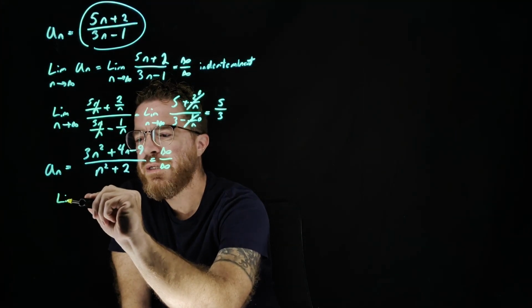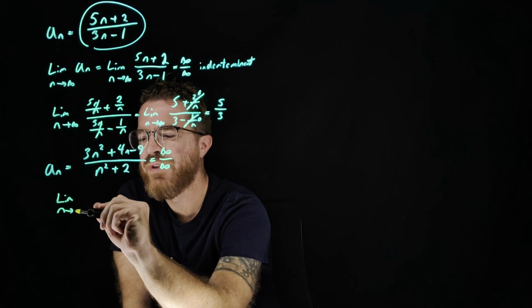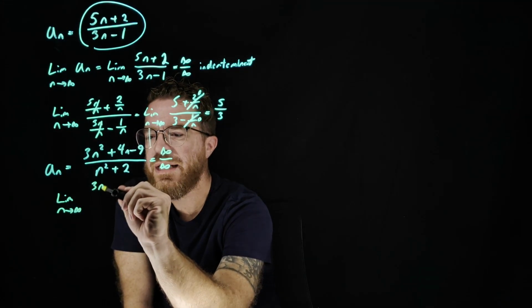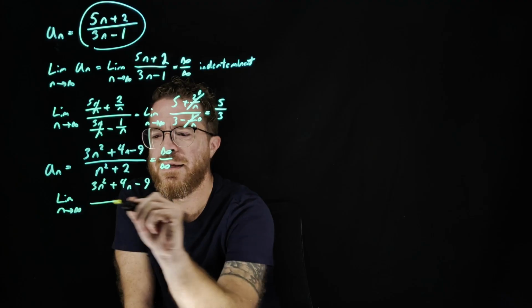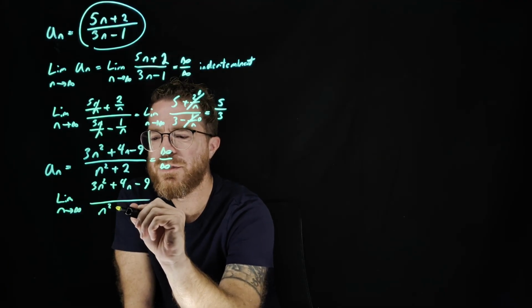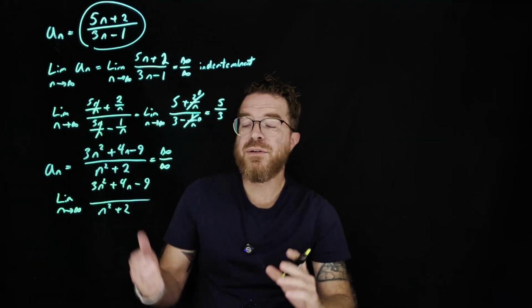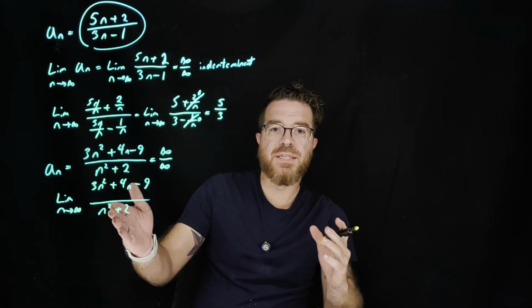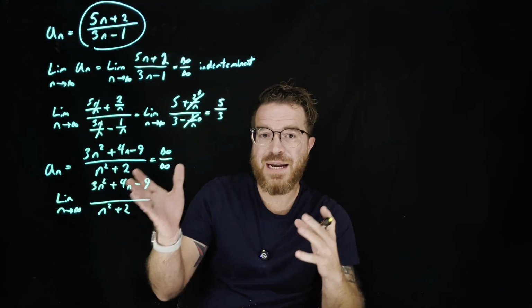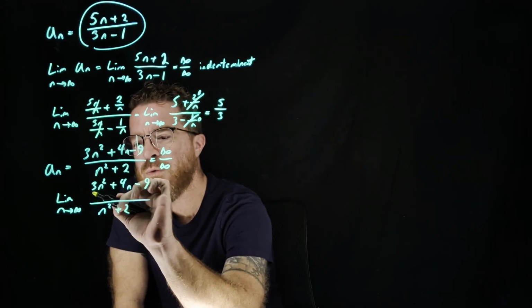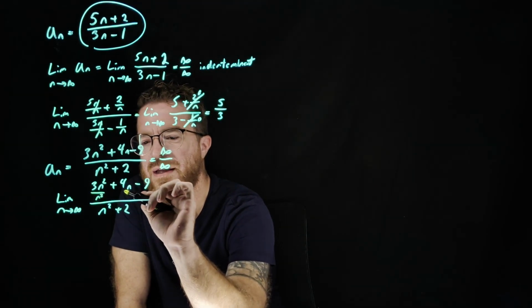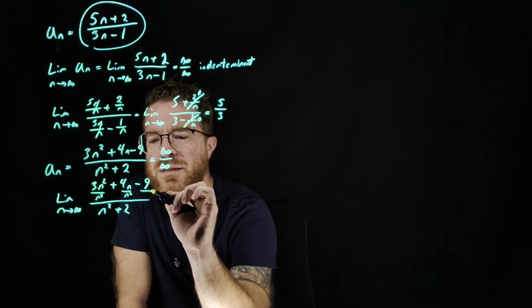So when we take the limit as n approaches infinity of (3n squared + 4n - 9) divided by (n squared + 2), we are going to again divide by n squared, the thing in the denominator that has the highest power of our variable. So we're going to divide everything by n squared. That's why I left a space here. Divided by n squared, divided by n squared.